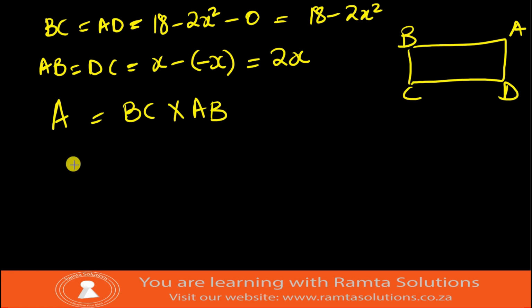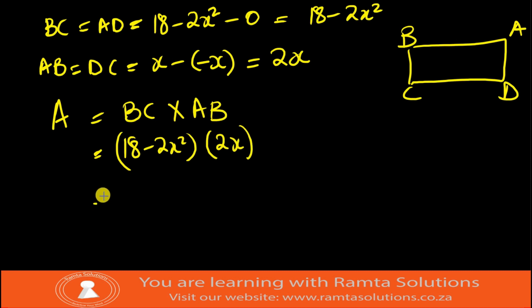All right? Okay. So what is BC? We said it is 18 minus 2x squared. What is AB? We said it is 2x. So further simplification, this is 36x minus 4x cubed, right? 36x minus 4x cubed.